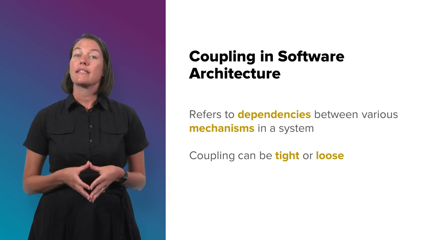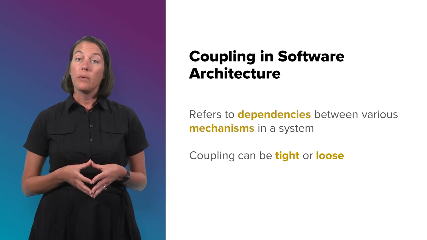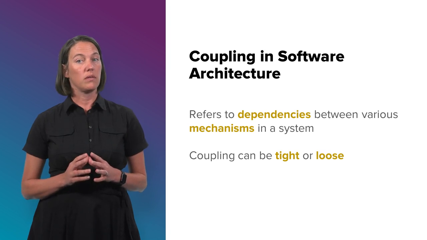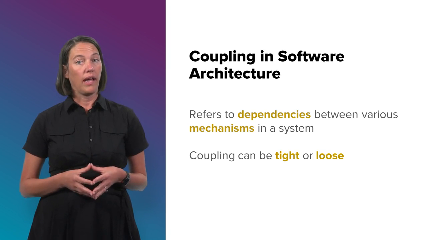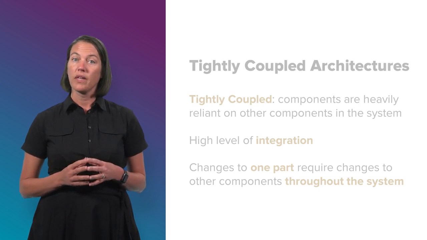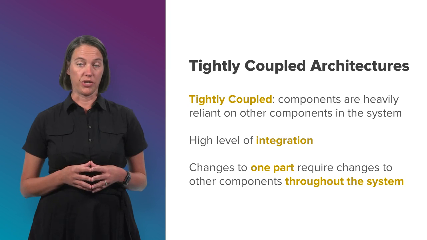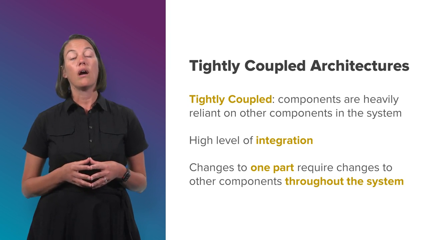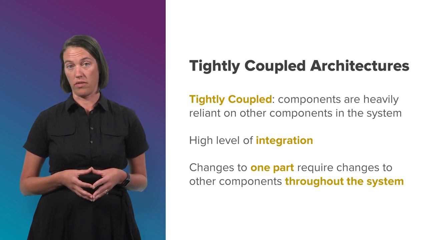Well, when we discuss software architecture, coupling refers to how much various mechanisms of a system depend on one another. And coupling can either be considered tight or loose. Tightly coupled architectures mean that the various components in a piece of software are heavily reliant upon one another.